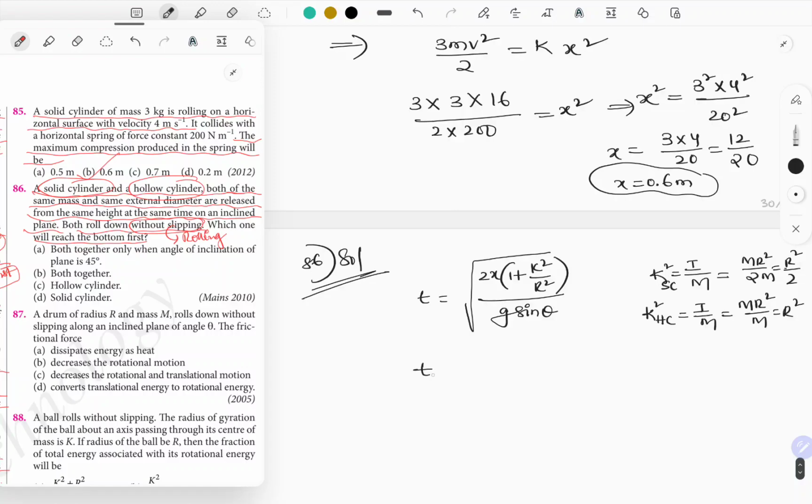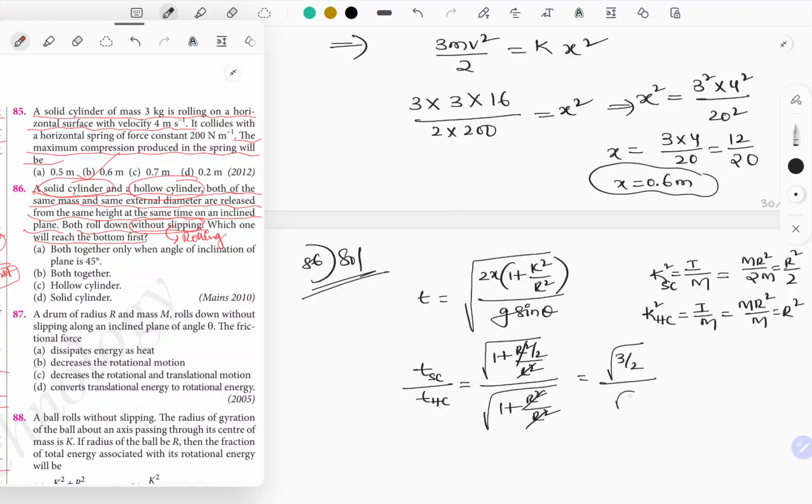So t of solid cylinder divided by t of hollow cylinder is equal to root of 1 plus r square by 2 by r square, divided by root of 1 plus r square by r square. So it will get cancelled. This is also will get cancelled.